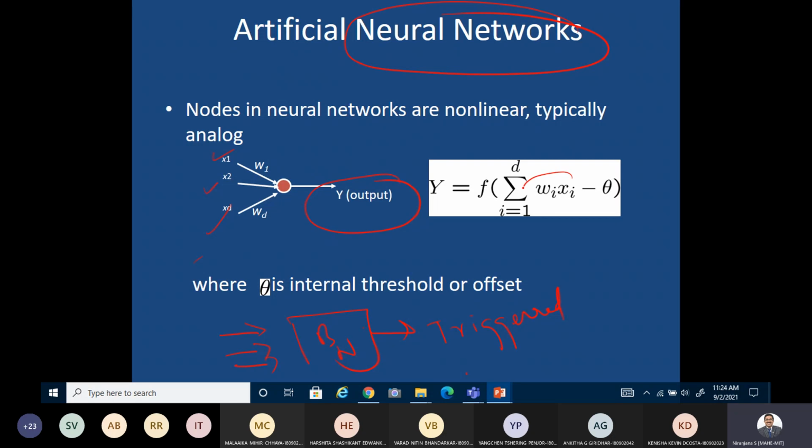That is why, when the sum of Wi into Xi, which is nothing but the input, is sufficiently high compared to the threshold, or the difference is such that a function is defined for getting your output high. Okay, so it's a binary neuron which is shown.